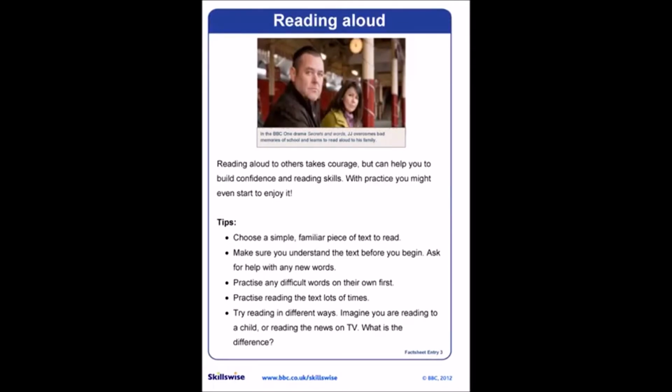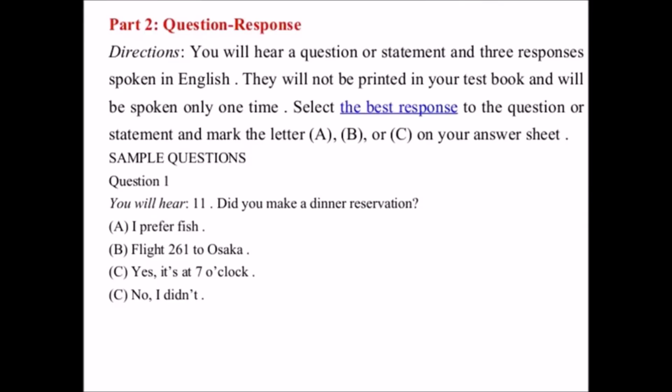The first one is read a text aloud. That means you have to read a text that will be on the screen of a computer. Then the second part is describe an image. This image will be on the screen in the same way.